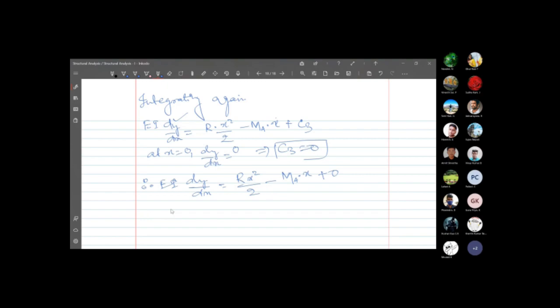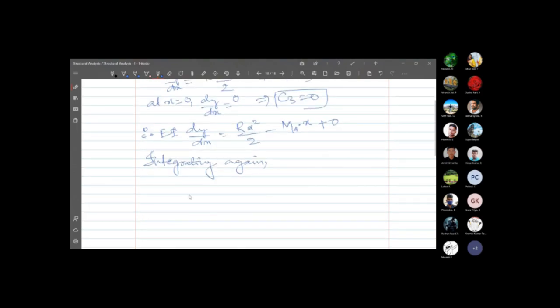Okay, now if I integrate again this one, I will have EI into y equals to Rx cube by 6 minus MA x square by 2 plus C4. Now here what will be the value of C4?